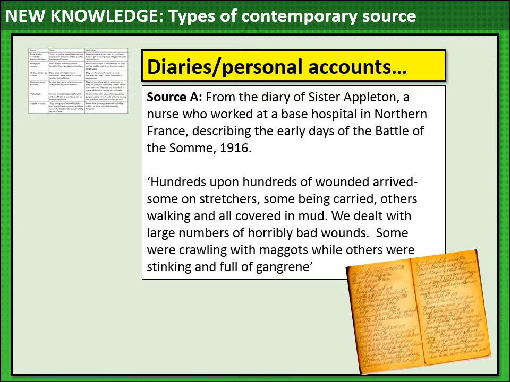The details that you've got here allow you to really understand the terrible conditions of this base hospital in 1916. Maybe highlight for you in your workbook what you think the standout piece of information is. Just pause for a moment and I'll do one too.